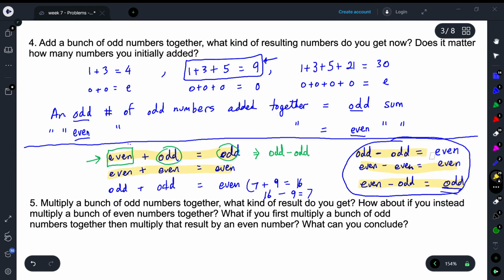Odd minus odd is even, and odd plus odd is also even. So what this is showing us is that you don't have to worry whether you're adding or subtracting. For any subtractions that you do, the parity of the result is going to be the same as if you were adding the numbers instead. The subtraction here will not make a difference.